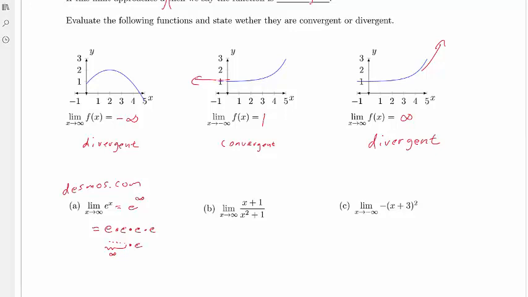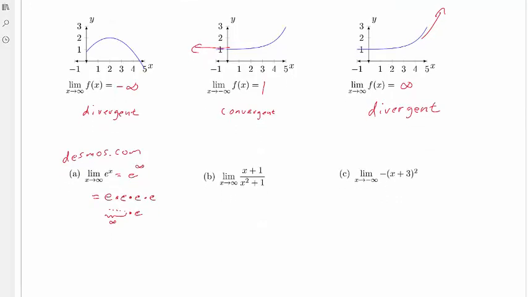So if I multiply any positive number by itself an infinite number of times, well, it's got to be infinity, right? Just logically thinking it through. And so we would simply say that is infinity. And that's it. And so this would be a divergent function.